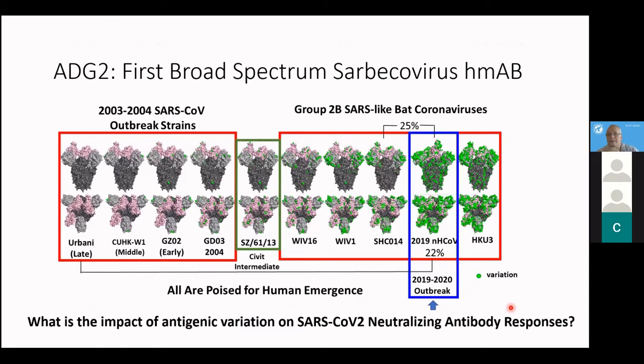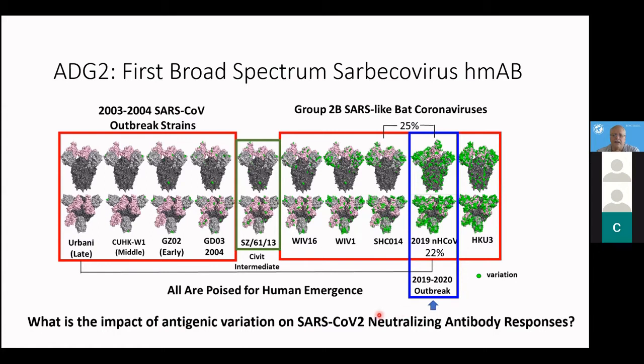Now, to get a broader picture of the antigenic diversity of the SARS-related viruses, and to get an idea of what we might expect with SARS-2 evolution over time, this is a list of all the high-risk SARS-like coronaviruses that are capable of using human receptors for entry, and which we have available in the lab, most of which with nanoluciferase.